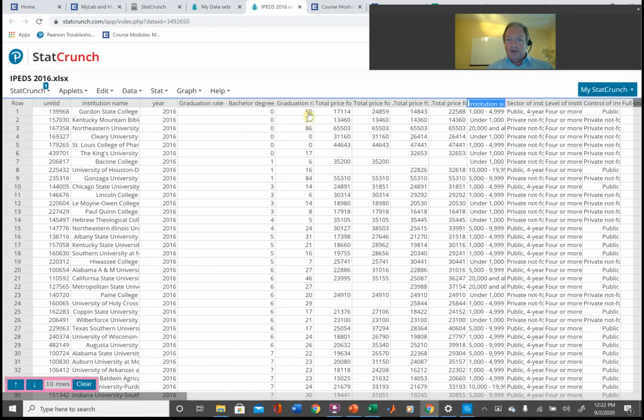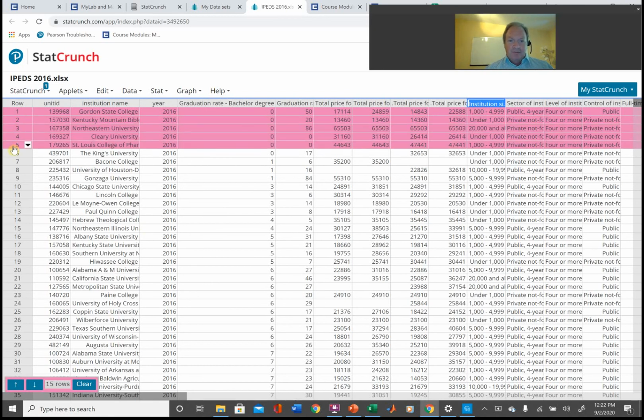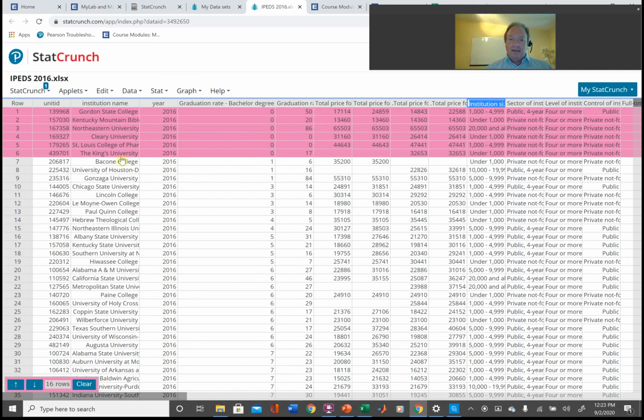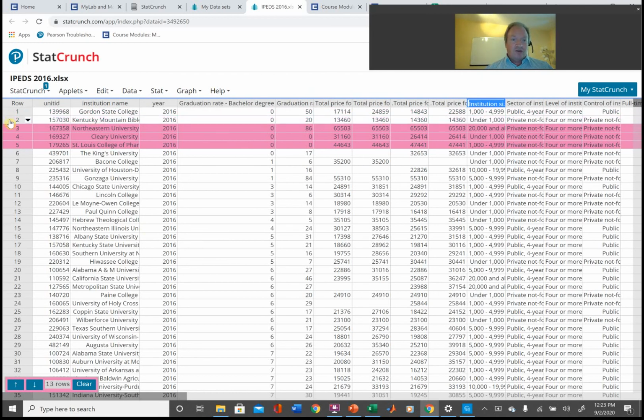Notice, however, that for the 6-year graduation rate, it's not 0. So maybe these are okay. However, it's a little strange that this is 0 and this is 86. So we could probably say that the ones that have 0 for 4 years, but they have a 6-year graduation rate, maybe they're okay. I still might want to check them out.